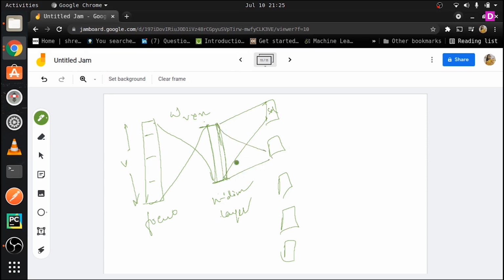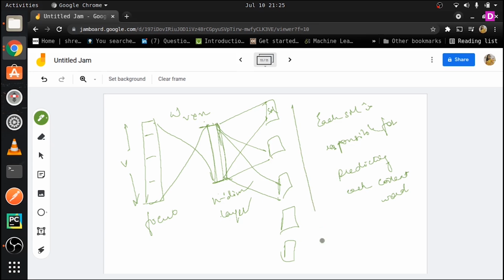Each softmax layer is responsible for predicting each context word. The number of softmax layers is equal to k, which is equal to your context window.